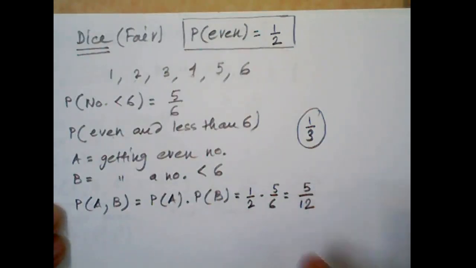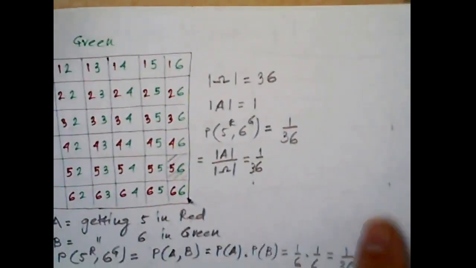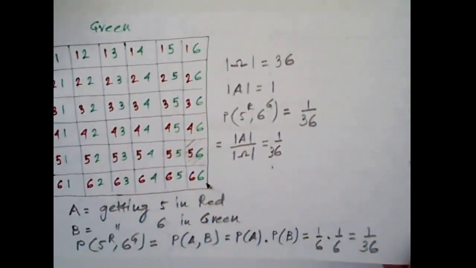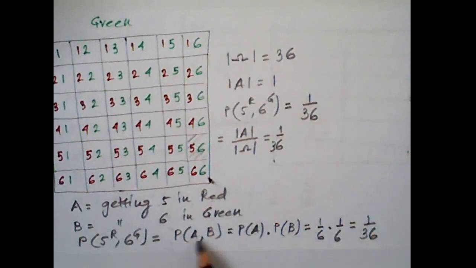Now, what is the problem? The problem is that in this question which we solved, where we applied the rule that probability of A comma B is equal to P of A multiplied by P of B, here we could apply the simple product rule because getting 5 in the red die and getting 6 in the green die, they are independent events.